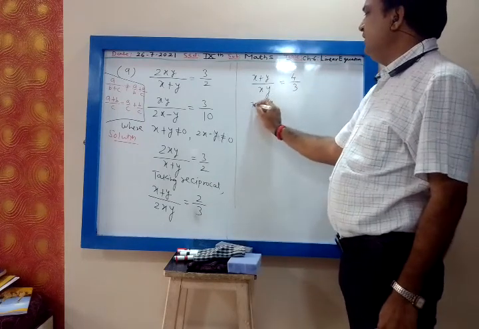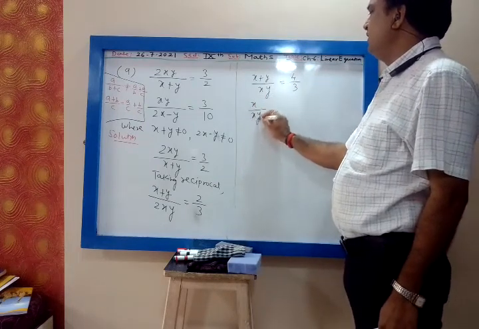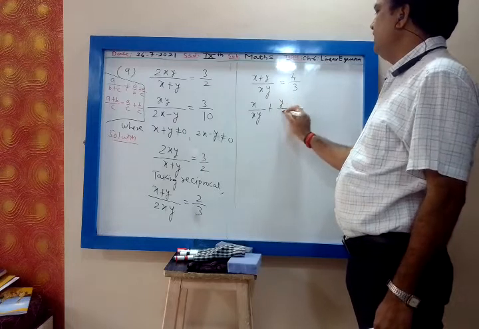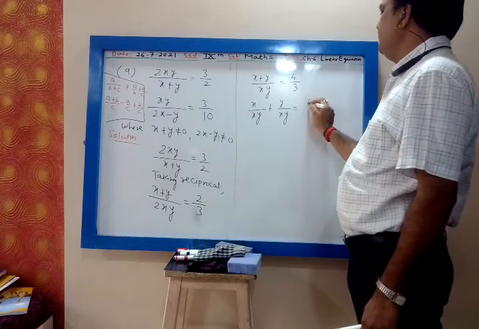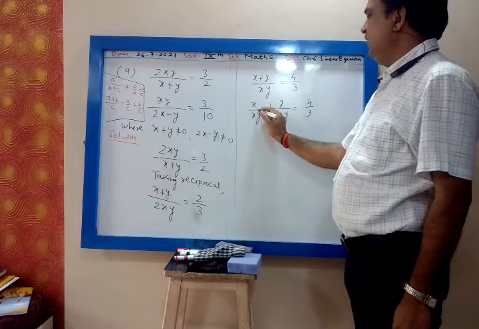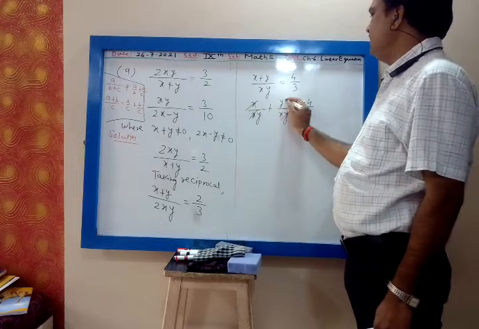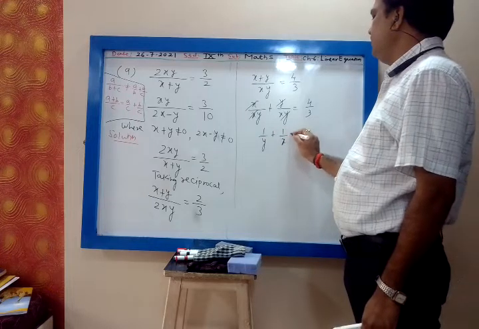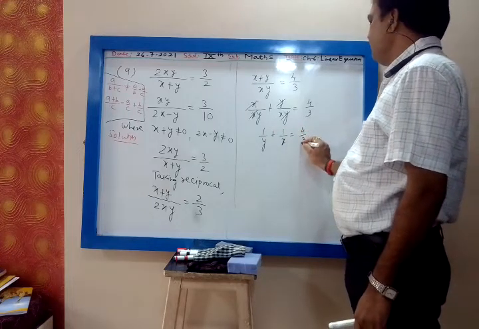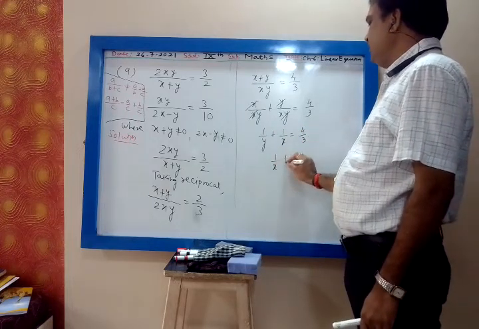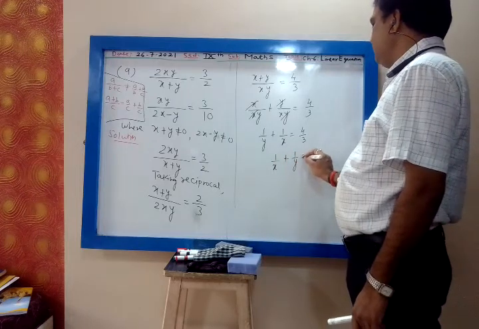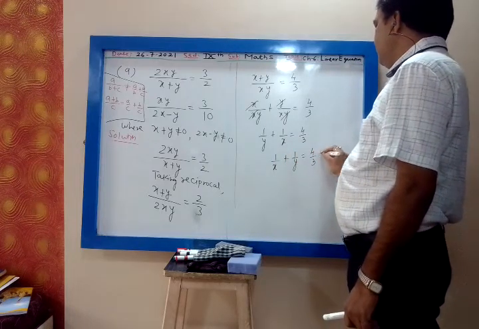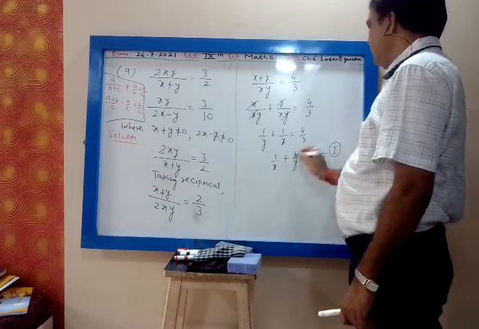Then a plus b by c, x upon xy plus y upon xy is equal to 4 by 3. Now x gets cancelled, y gets cancelled. What is left? 1 upon y plus 1 upon x is equal to 4 by 3. Which I can write 1 upon x plus 1 upon y is equal to 4 by 3. This is my equation number 1.